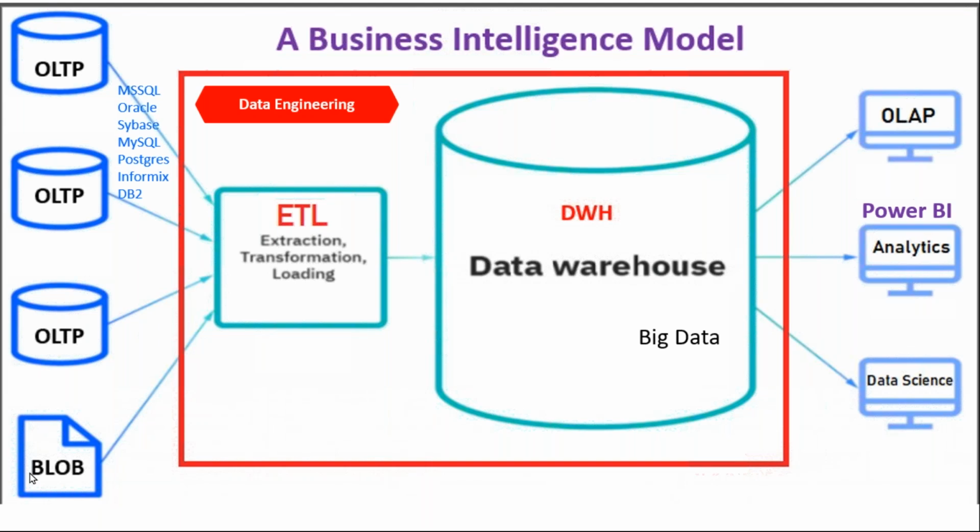The data would be filtered and consolidated using something called ETL tools, extract, transform, load, and we store the data into the warehouse. For example, a live cricket match or live stock market activities, live temperature data, that is OLTP.